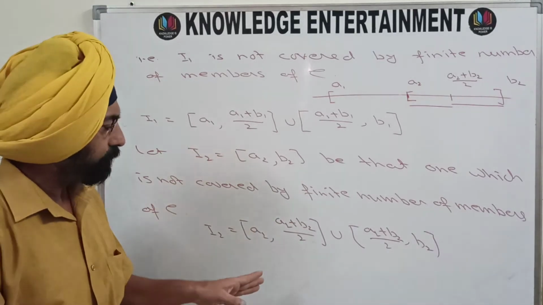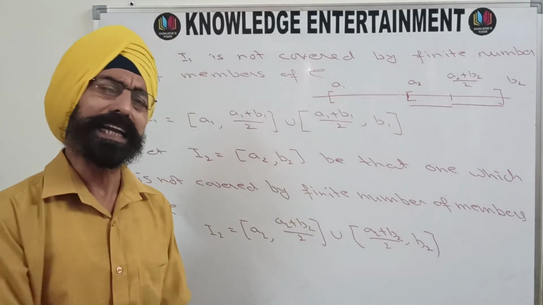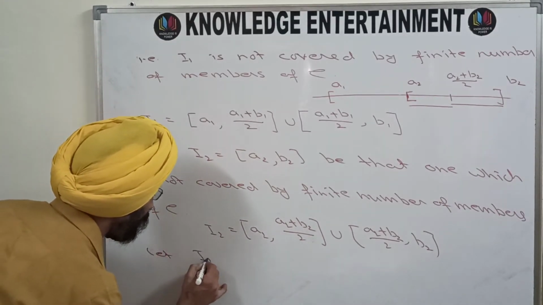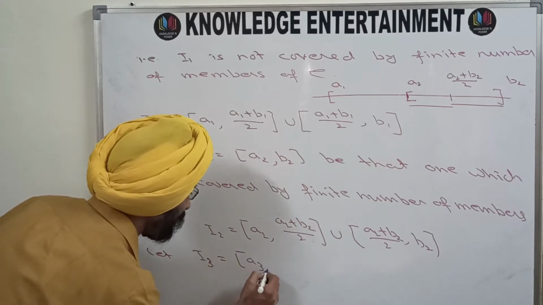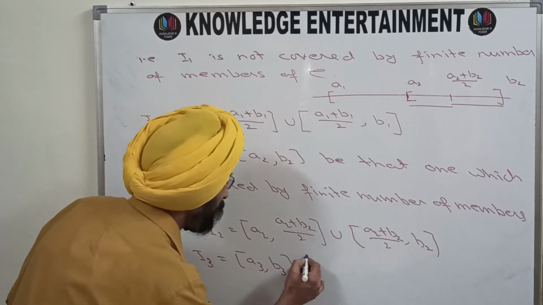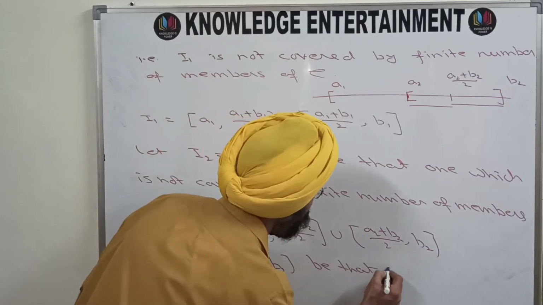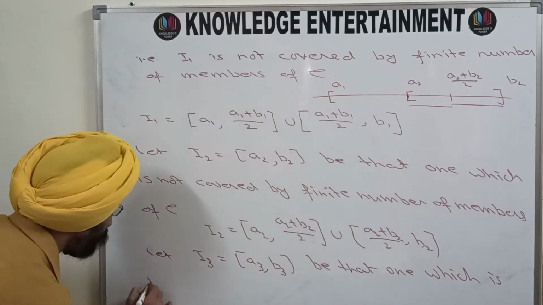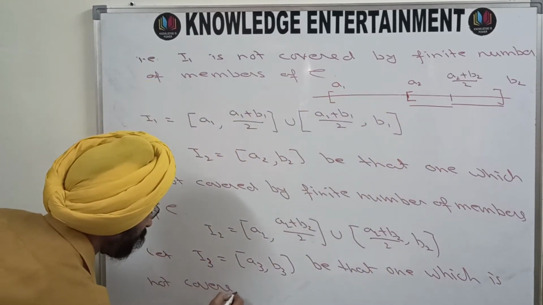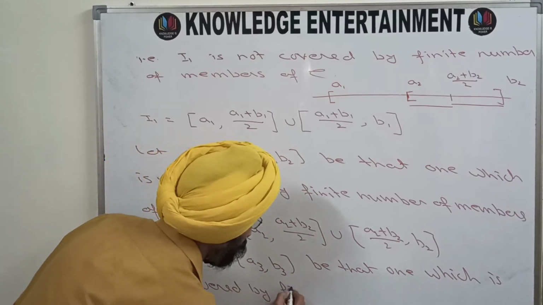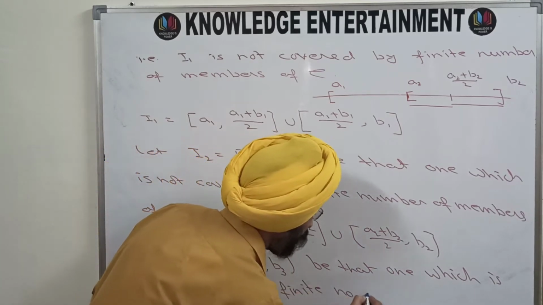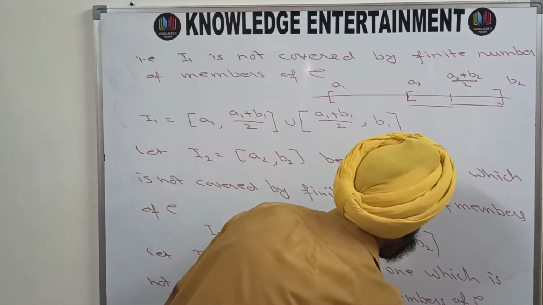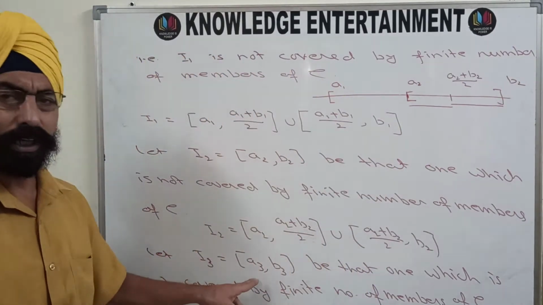So whichever interval it may be, rename that one as A3 B3. Let I3 equal A3 B3 be that one which is not covered by a finite number of members of C. Once again, A3 B3 is not a new interval.